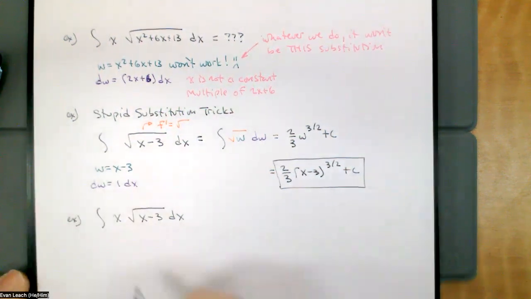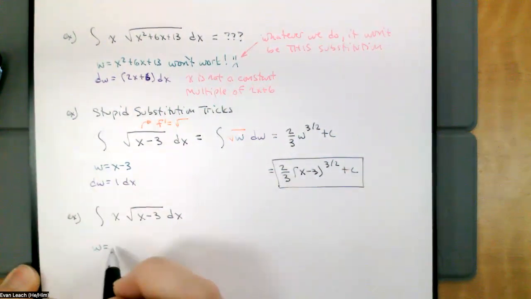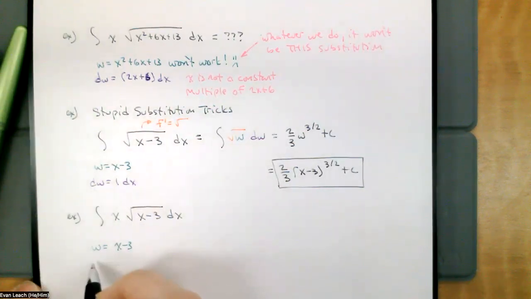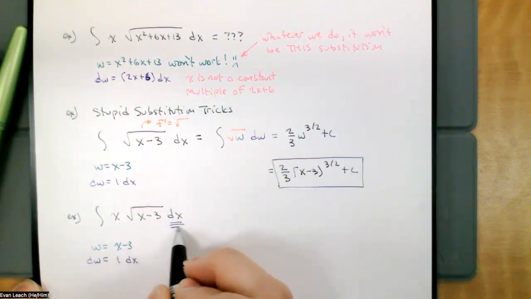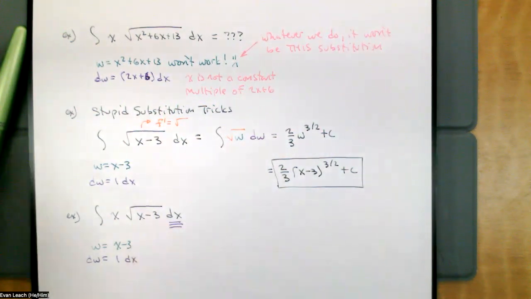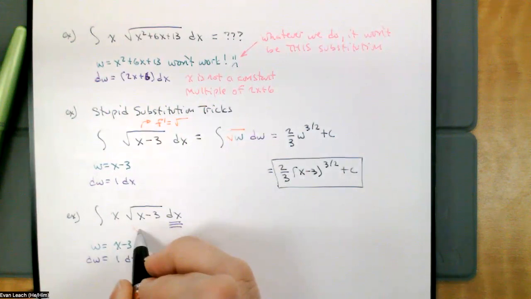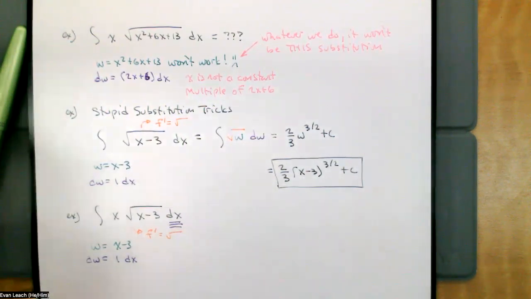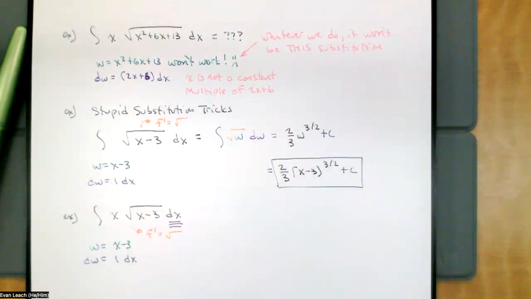So here's what's going on here. We're primed to think that our W is x minus 3. To make that work, we need a dW of 1 dx. And we've got that. We've got the dx right here. We've got the W here, and our outside function is just a square root. But all these x's have to go away.